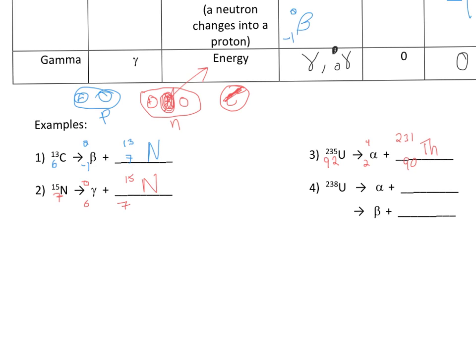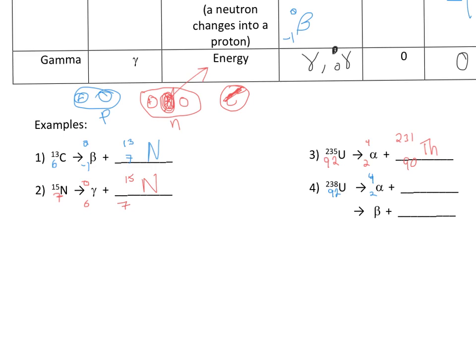So uranium-238 this time, again giving off an alpha particle. We already know uranium has an atomic number of 92, and alpha is a 4 there, and 2. So you say, what number plus 2 is equal to 92?